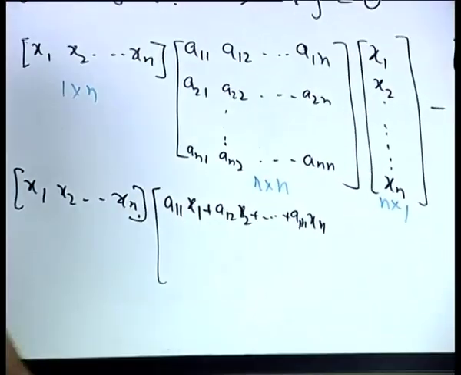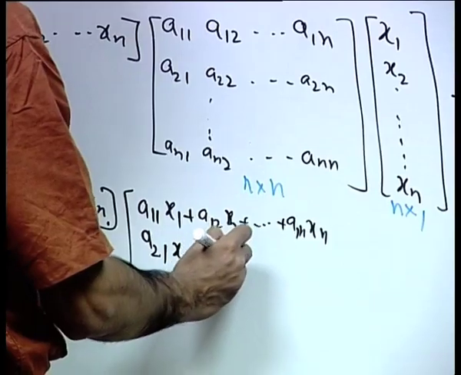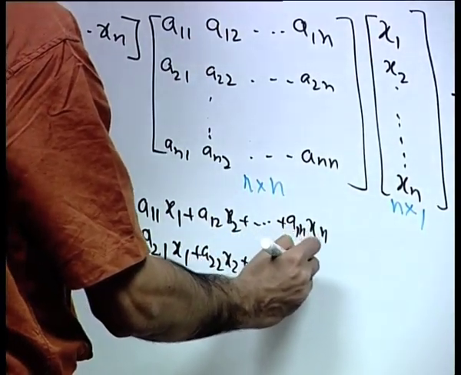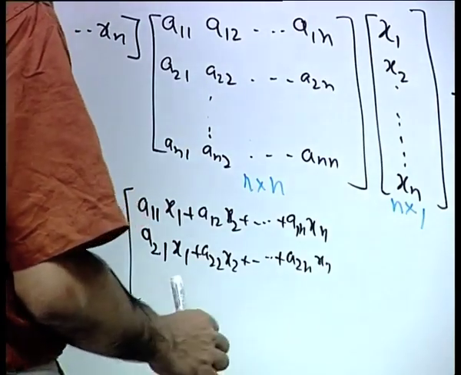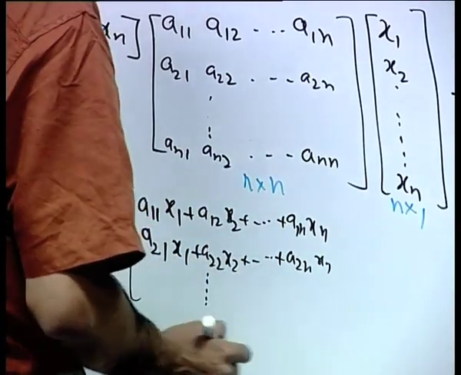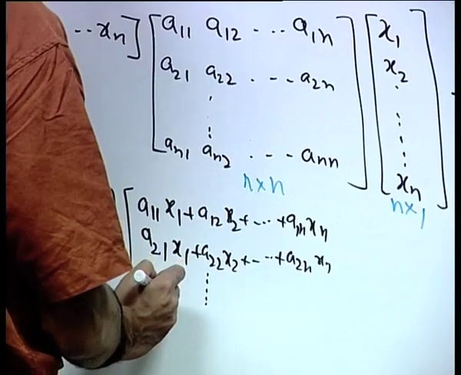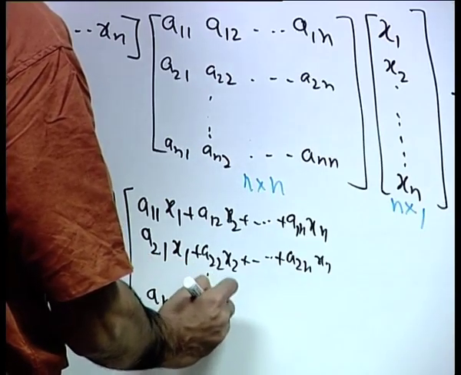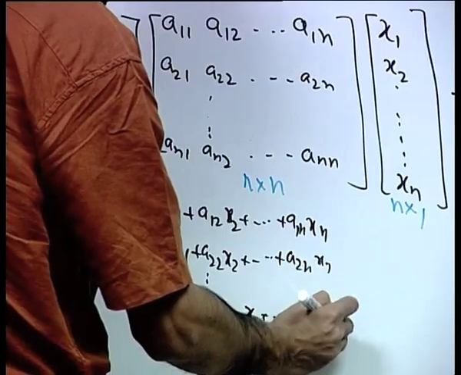then second row with first column, a21 x1 plus a22 x2 in this way plus a2n xn, in this way. The last one is an1 x1 plus an2 x2 plus ann xn.